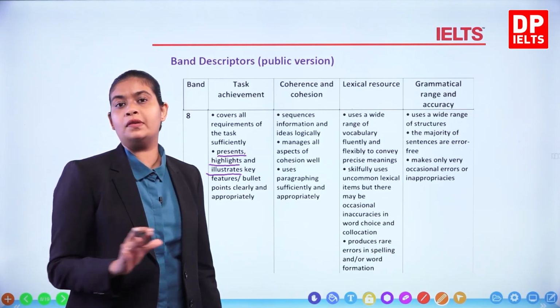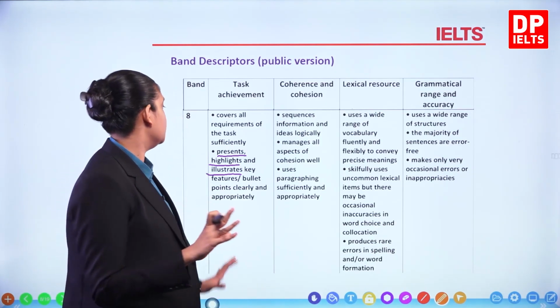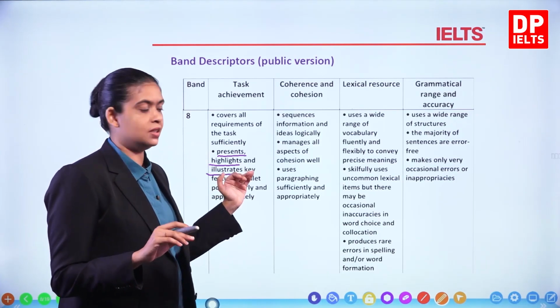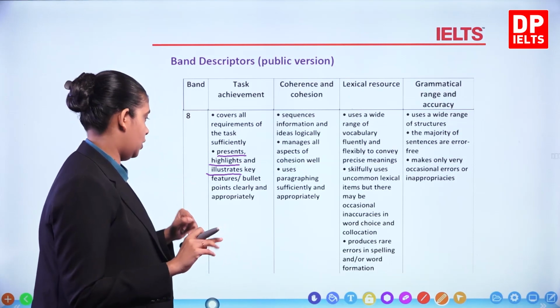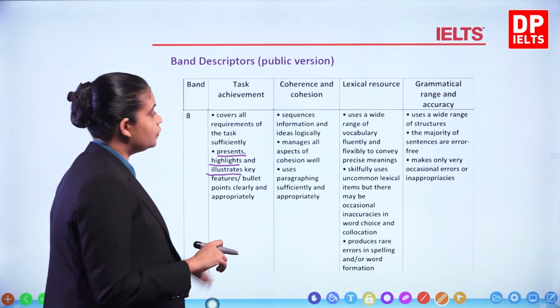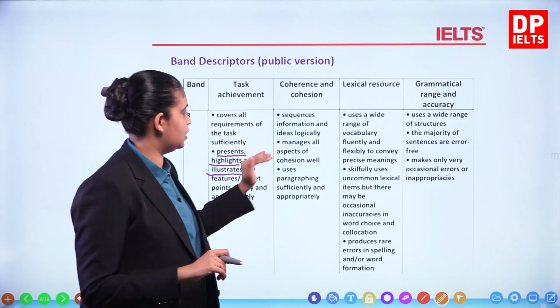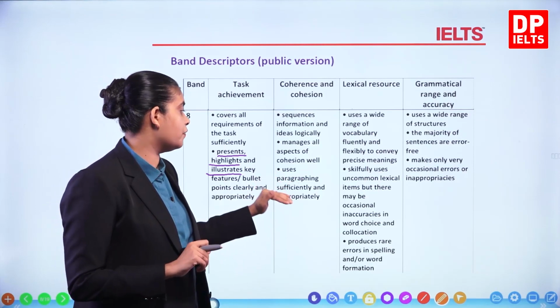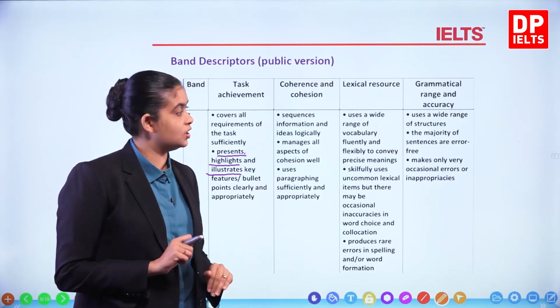It's sometimes not fully developed, but you've got the necessary highlights and you've illustrated the key points. Coherence and cohesion, you've organized the information logically, right? And paragraphing is done sufficiently.